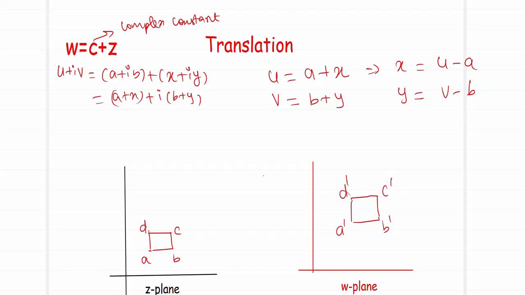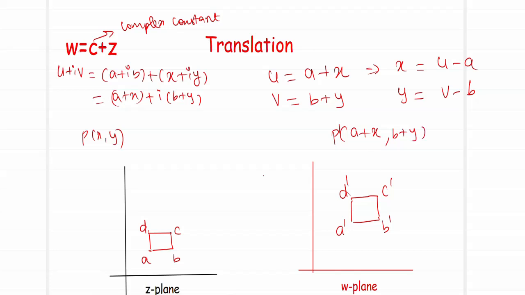So the point P, which was X comma Y in my Z plane, will be mapped onto the point P dash, which is given by A plus X and B plus Y in my W plane.